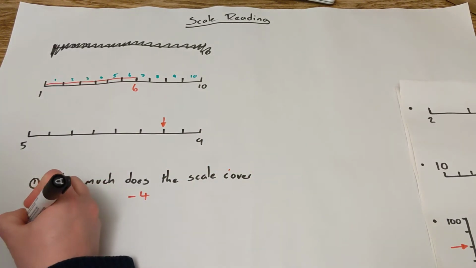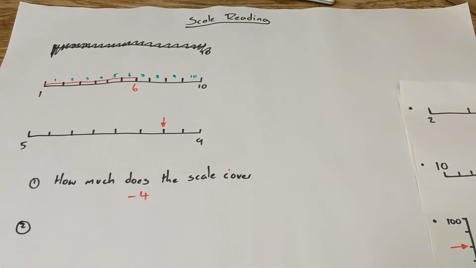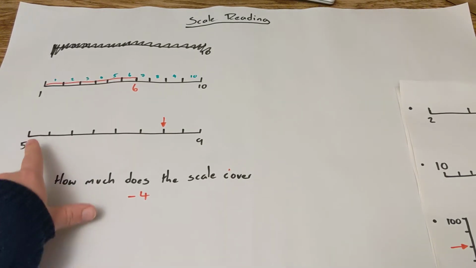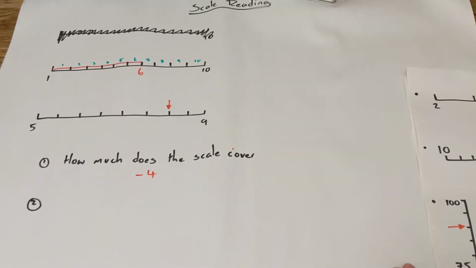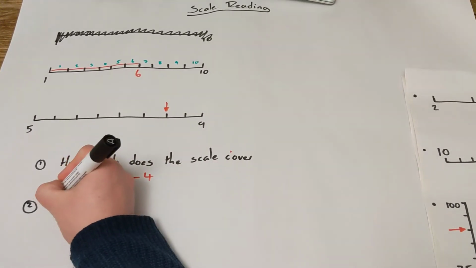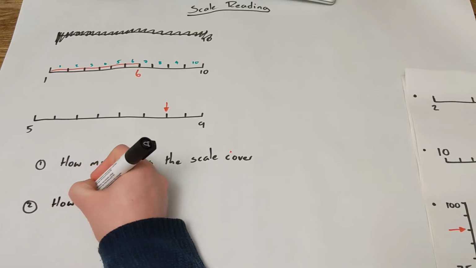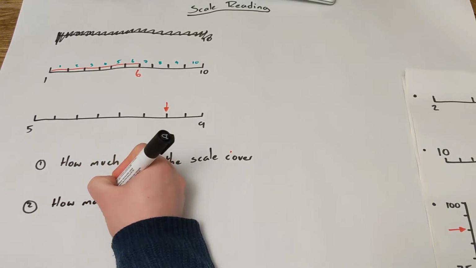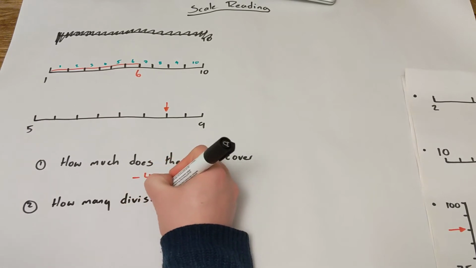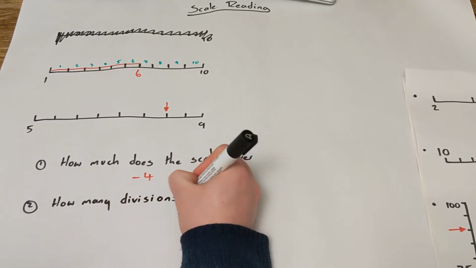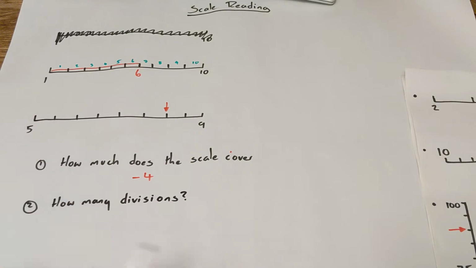Next step, I'm actually going to split this up into a few more steps. So next step is how many divisions do we have? How many little gaps are there? So by divisions I mean how many spaces are there between the lines. So how many divisions? Again, let's count them, okay?